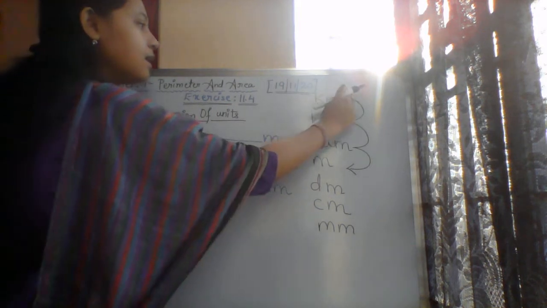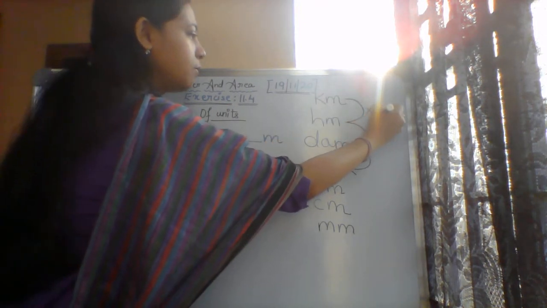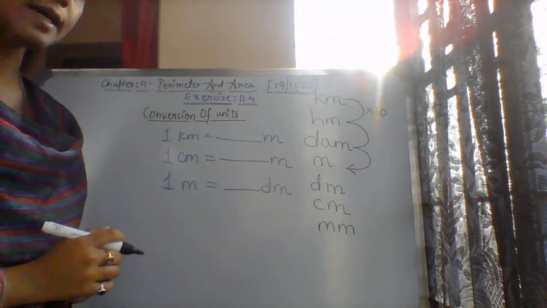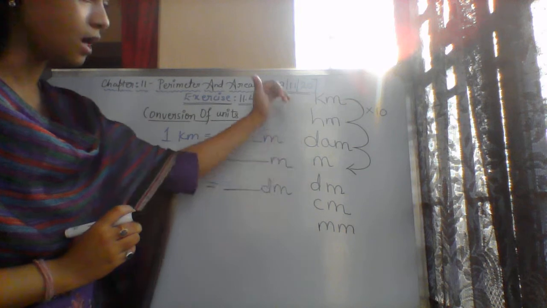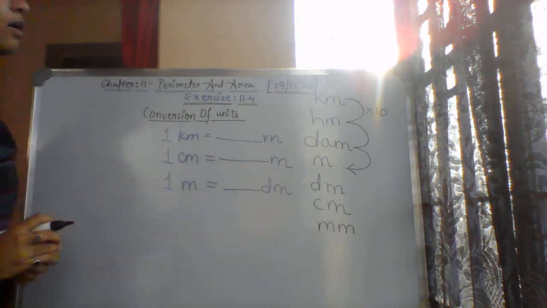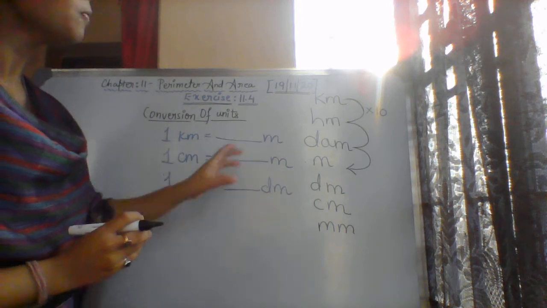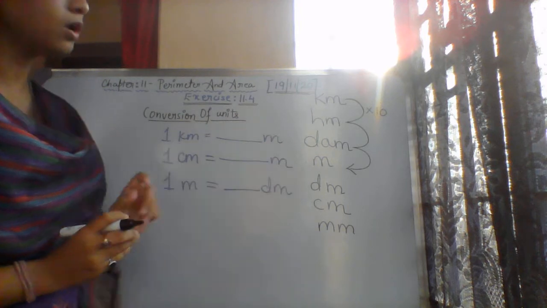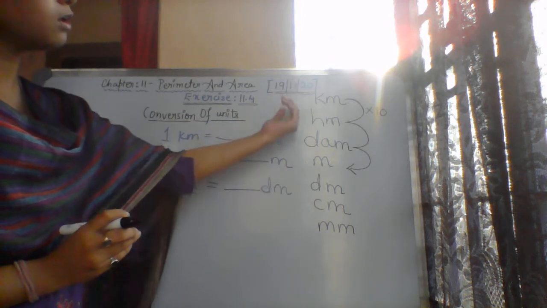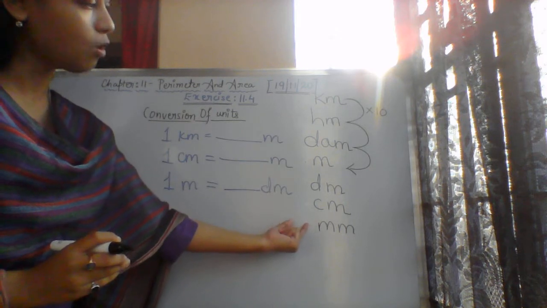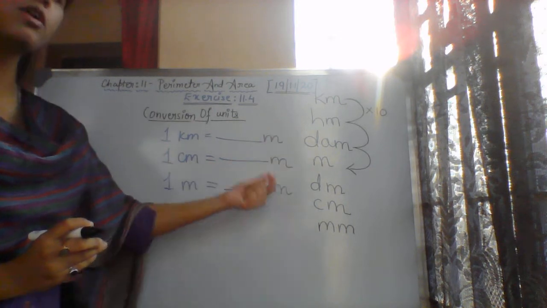Okay, in each jump we have to multiply by 10. When we are going down, meaning we are converting a bigger unit into a smaller unit, we have to multiply. And just the opposite, when we convert any smaller unit to a bigger unit, we have to divide.